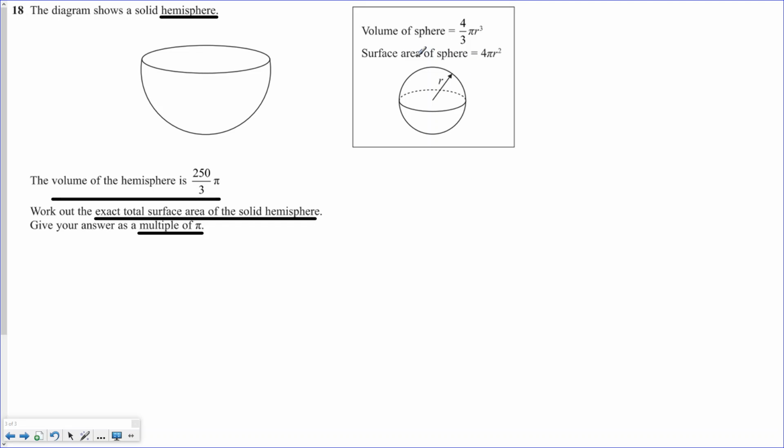Now we know that the surface area of a sphere is 4 pi r squared, so if we can divide this formula by 2, so we have surface area is going to be 4 pi r squared, and because it's half of a sphere, we divide it by 2.